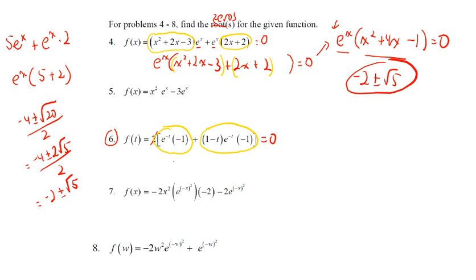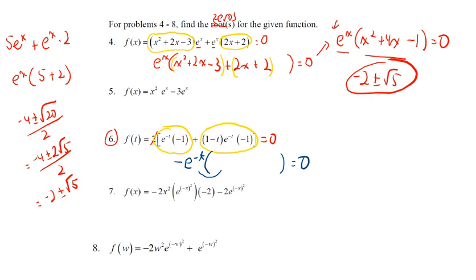If I plug in 0, what's negative e to the 0? Positive or negative? Negative 1. Yeah, it's negative 1. Anything to the 0 is 1. This is negative 1. So I get negative, and 0 minus 1 is negative, and 0 minus 1 is negative again. So negative times negative times negative is negative.